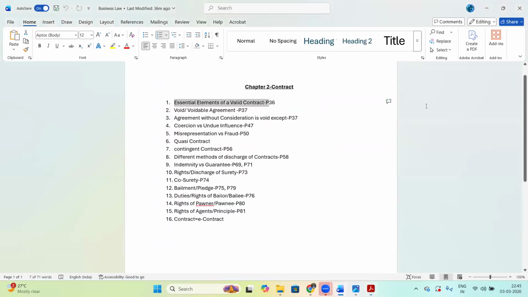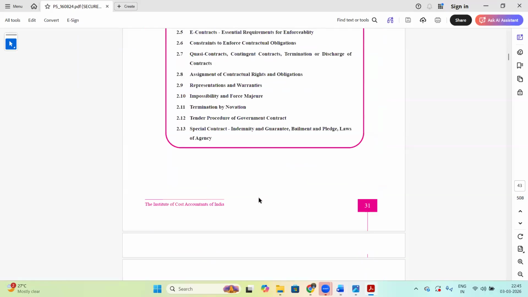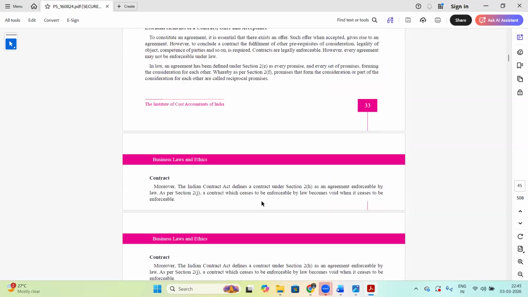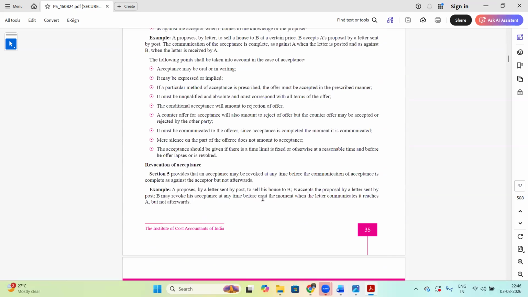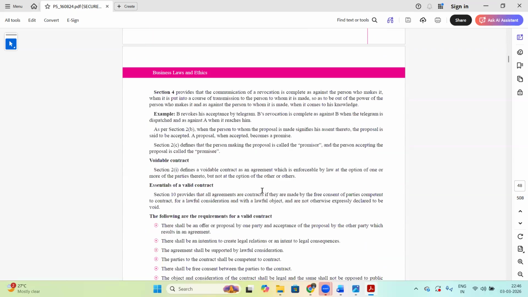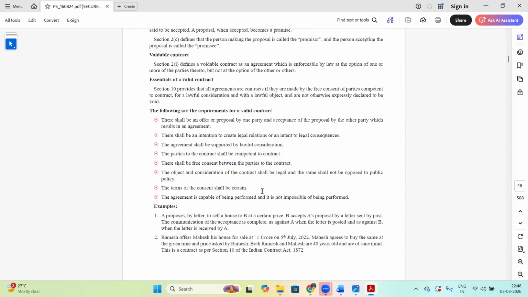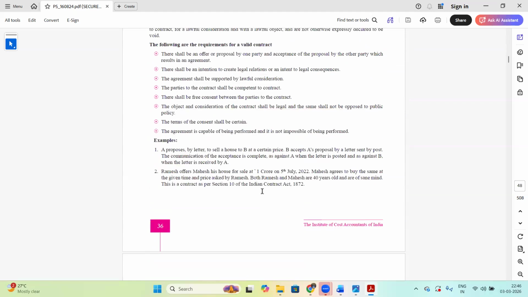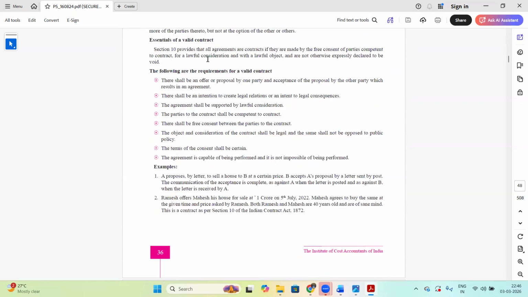One of the most important and repeatedly asked questions is, what are the essential elements of a contract under the Contract Act 1872? As per section 10, what are the important aspects or elements of a valid contract? There shall be an offer and acceptance.